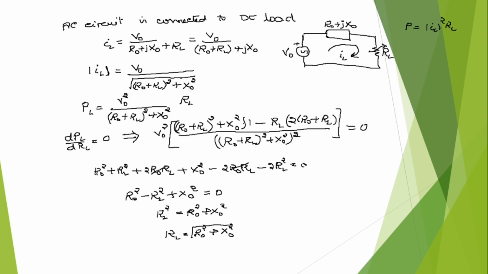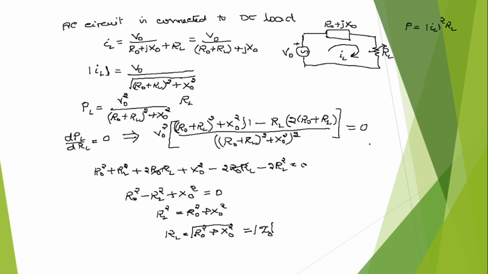R naught square plus X naught square, this is the same as magnitude of Z naught, because this is R naught plus jX naught, what is the magnitude of this impedance? Square root of R naught square plus X naught square. So when AC circuit is connected to DC load, maximum power is transferred when load resistance is equal to magnitude of source impedance.